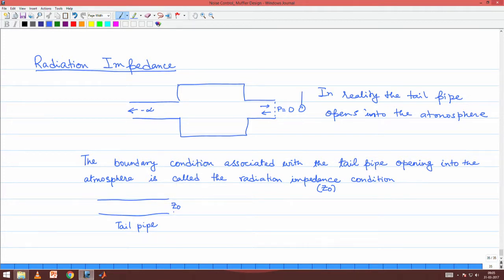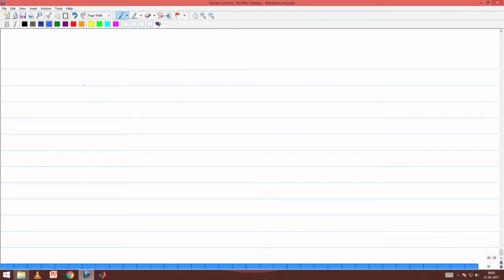So, Z0 is the radiation impedance at the exit of the tailpipe as it opens into the atmosphere. Okay. So, there are two forms of this radiation impedance. One may seem a little academic at this stage, but nonetheless it is important in some of the later derivations which we might do.